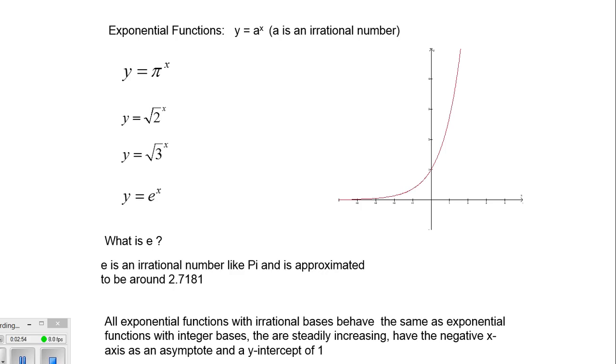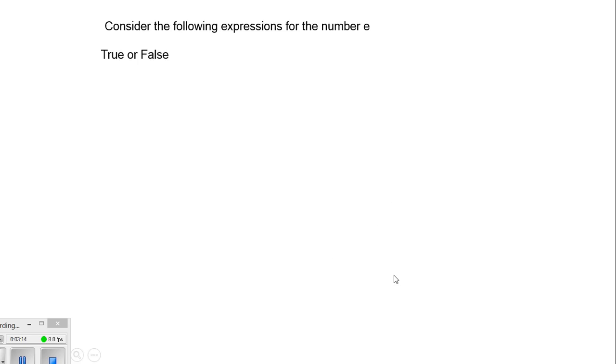As summarized here, it's steadily increasing, having the negative x-axis as its asymptote, and a y-intercept of 1. So, like any other exponential function, it is very characteristic in terms of its shape, with an intercept and an asymptote.